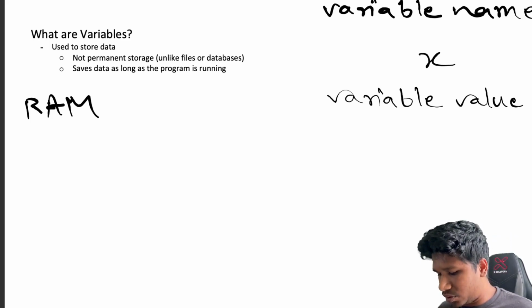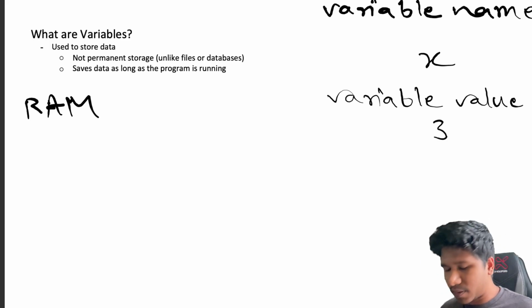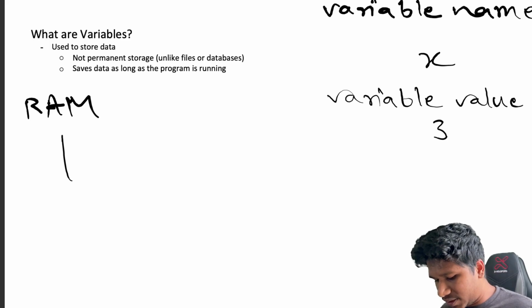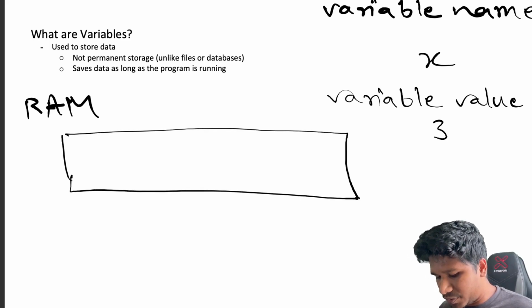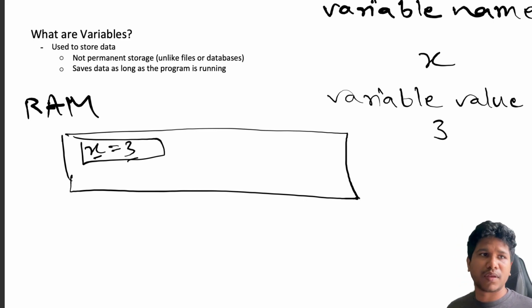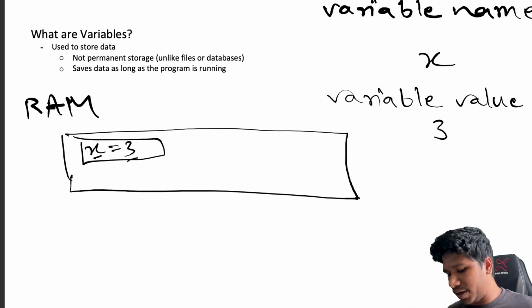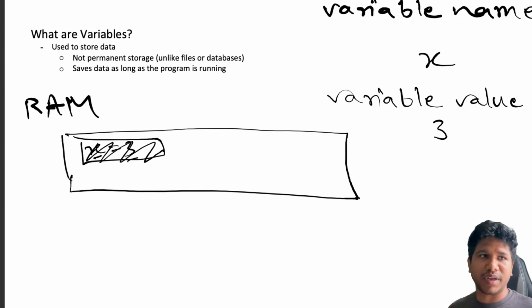So let's say we want to create a variable x with value 3. Then inside the RAM, both of these things will be stored. So we will store this variable name and its value in the RAM. When the program stops running, this variable and its value are deleted.